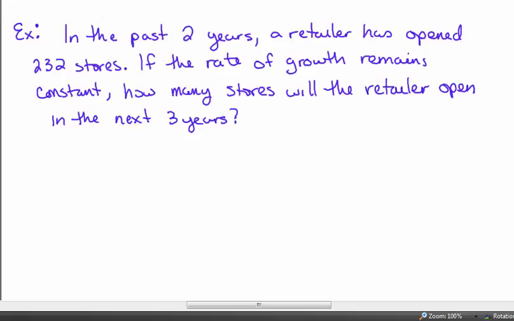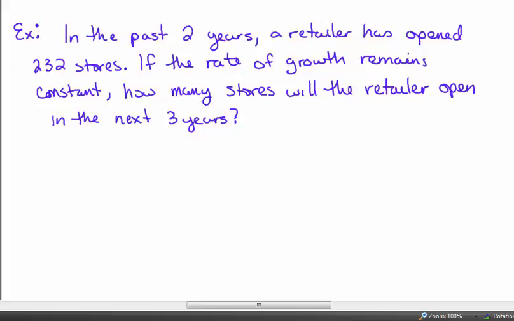So let's look at an example, and this is a word problem, so I am going to write this down really quickly. In the past 2 years, a retailer has opened 232 stores. If the rate of growth remains constant, how many stores will the retailer open in the next 3 years?